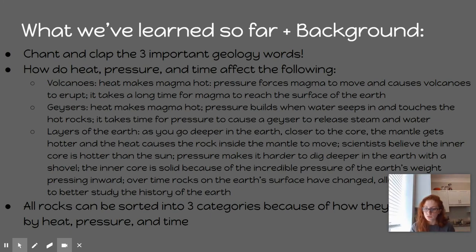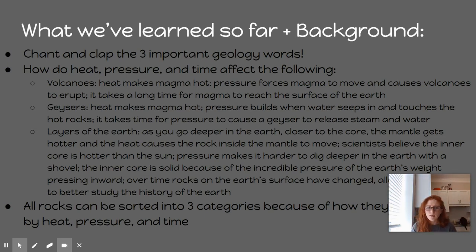What does the heat do in a volcano? It makes the magma hot. What about the pressure? What do we know about volcanoes and pressure? Pressure forces magma to move and causes the volcanoes to erupt. And what about time? What does time have to do with volcanoes? It takes a long time for magma to reach the surface of the earth.